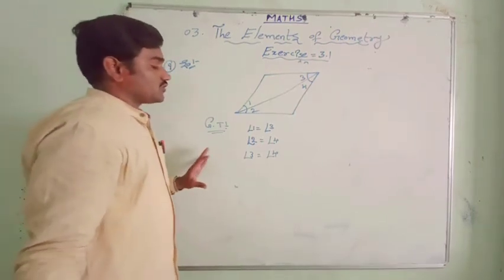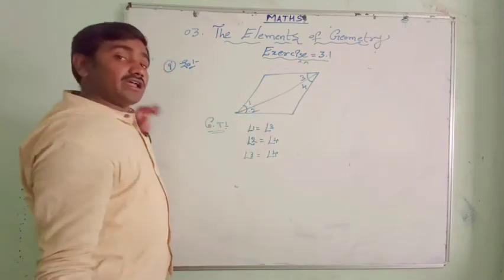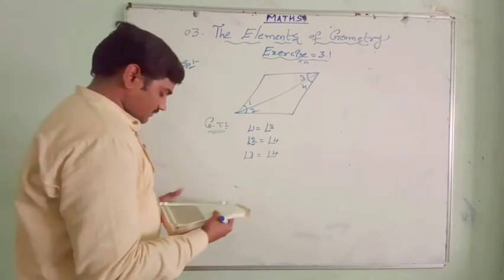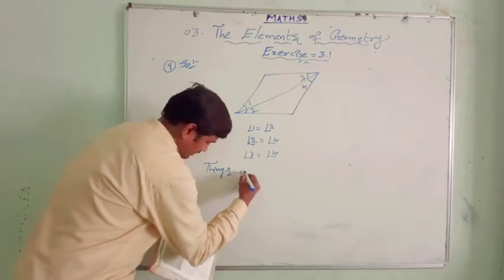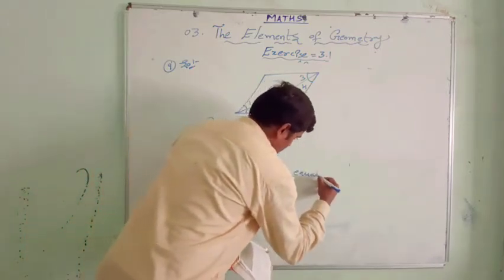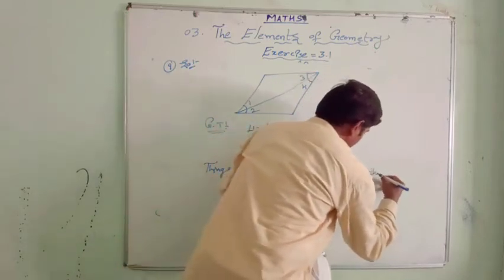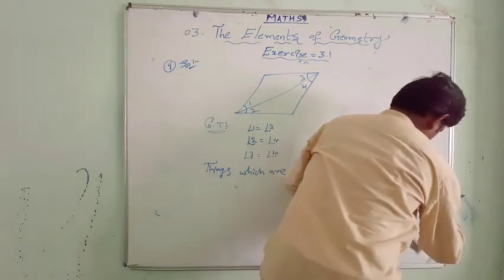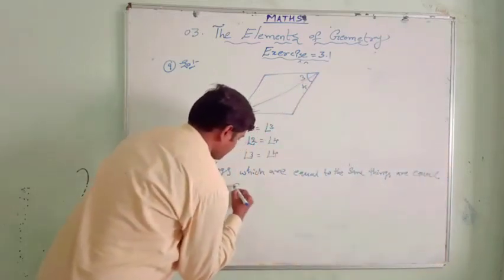What did Euclid say? The things which are equal to the same things are equal to one another.